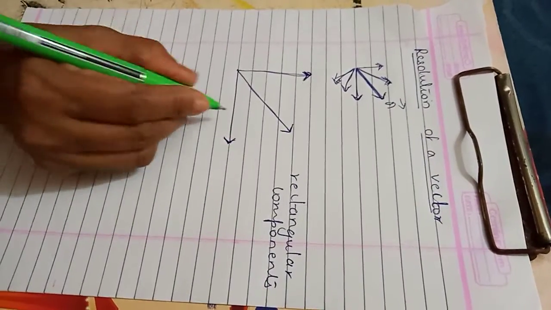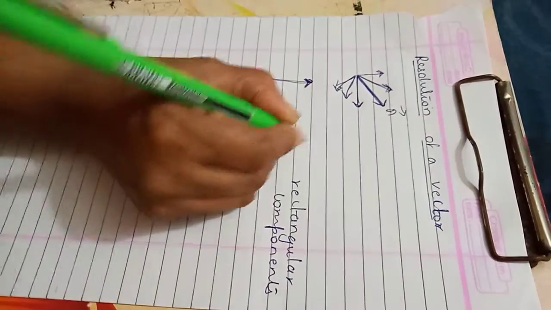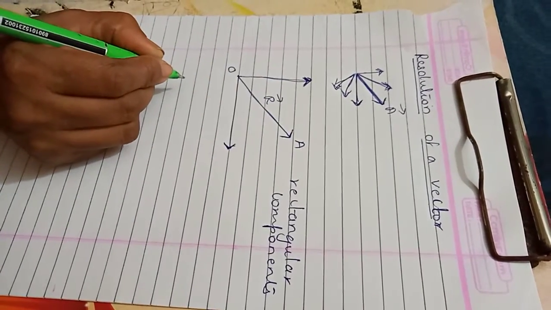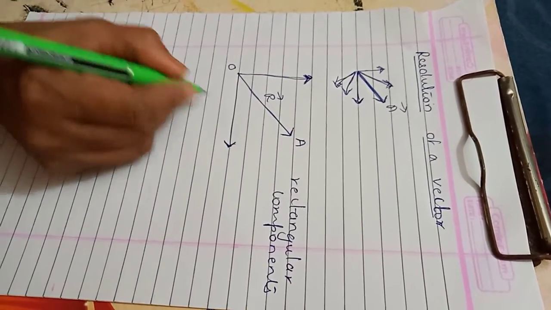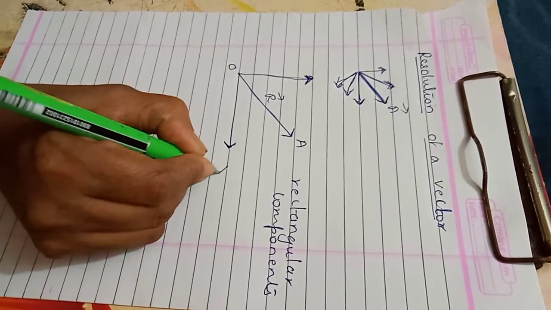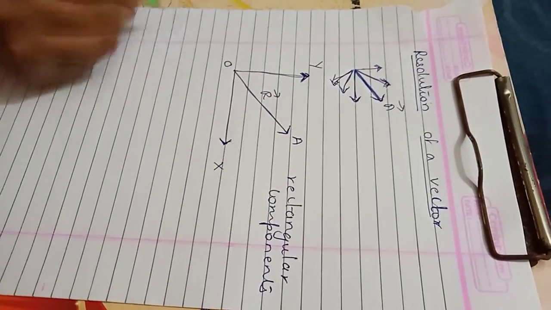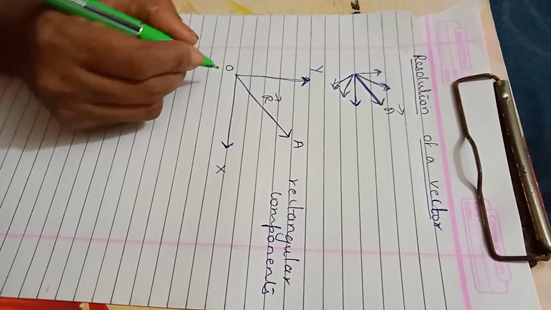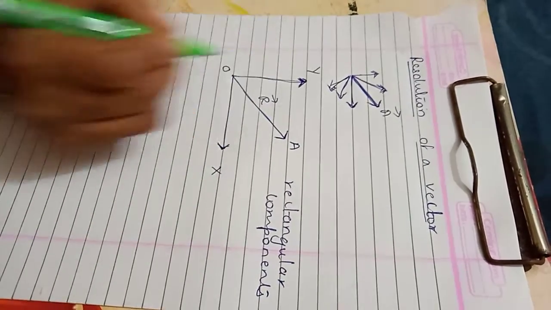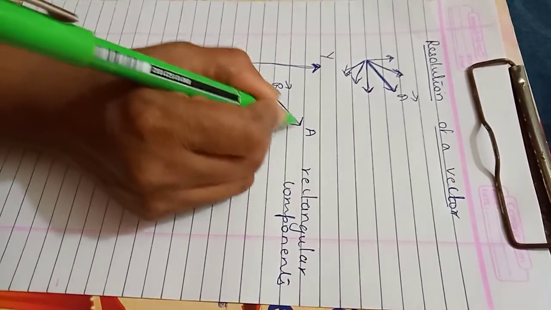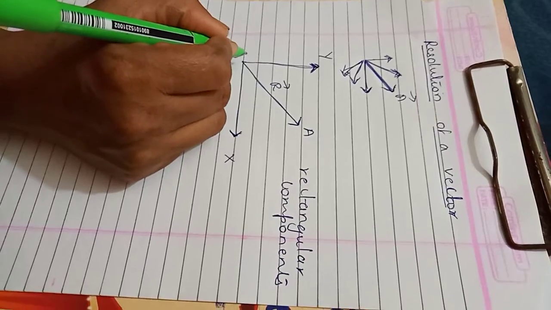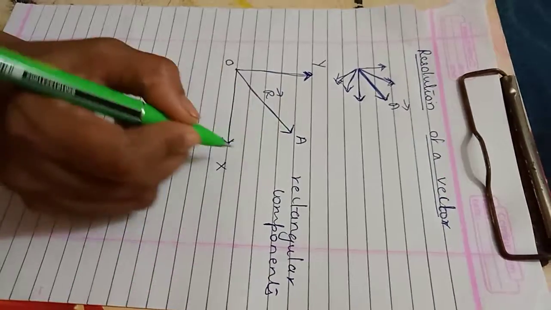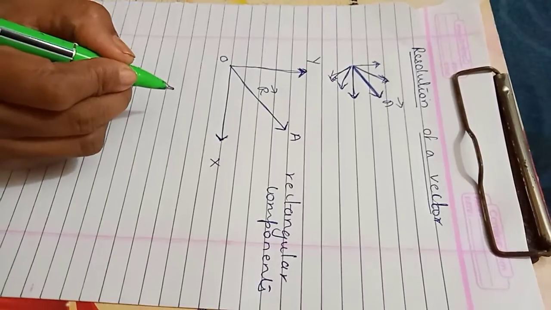Now what we'll do here, consider a vector R represented in magnitude and direction in the x, o, y plane, where o is the origin of the coordinate axis. And this is the x-axis, this is the y-axis. Consider a vector R represented by OA in the XOY plane, students.